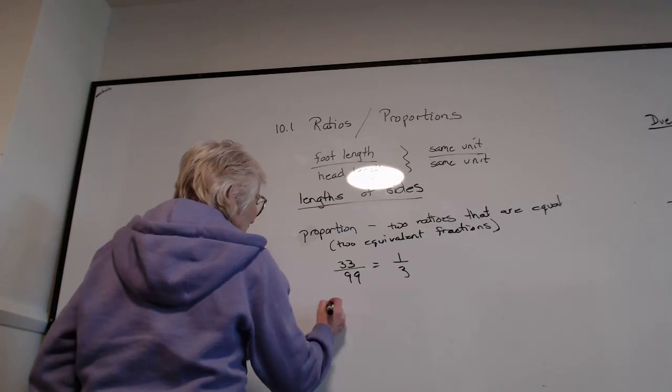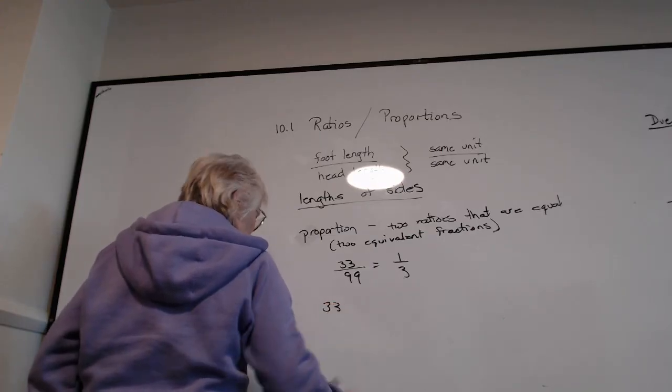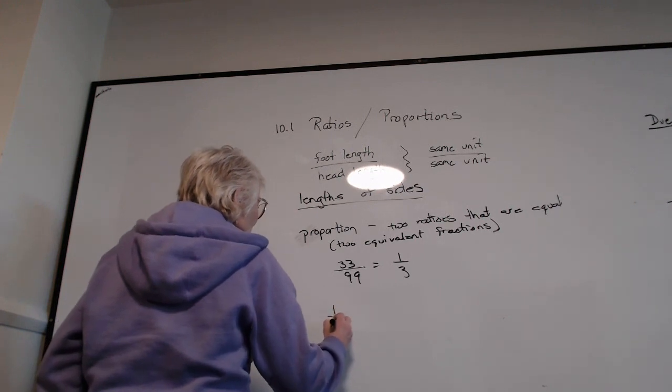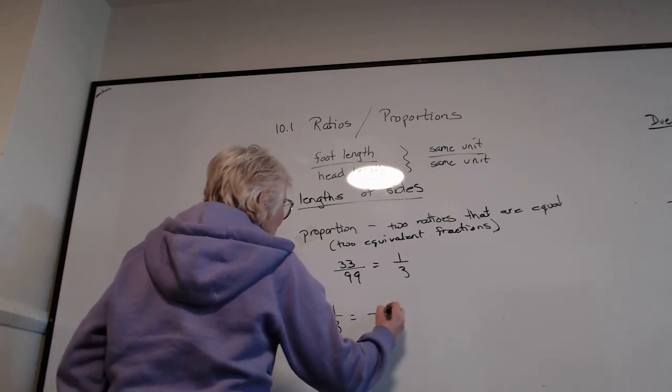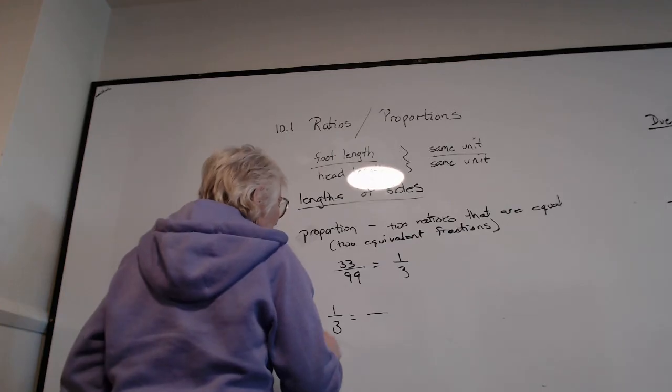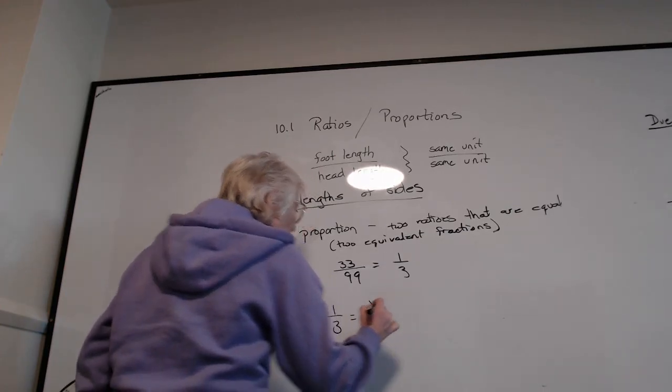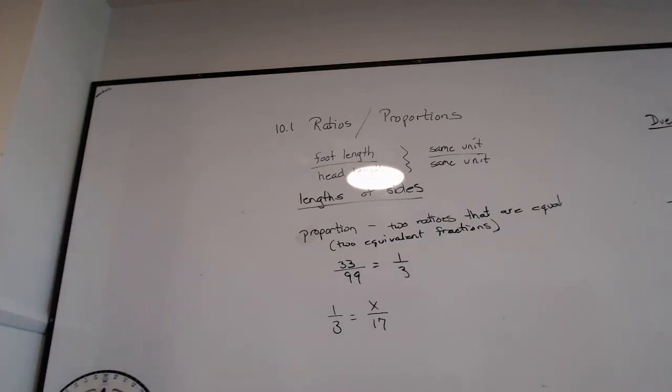So let's say I have 33, now let's just do 1/3, much easier. 1/3, and I want to know, if this one is 17, what size is this going to be? Now it's not easy. We can't divide that into 17.